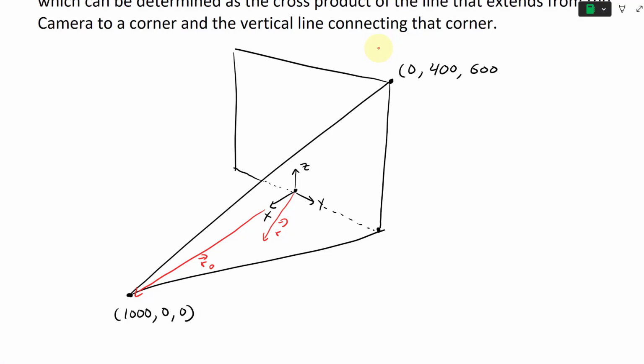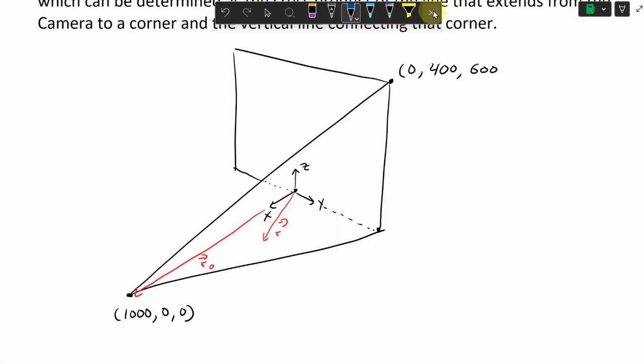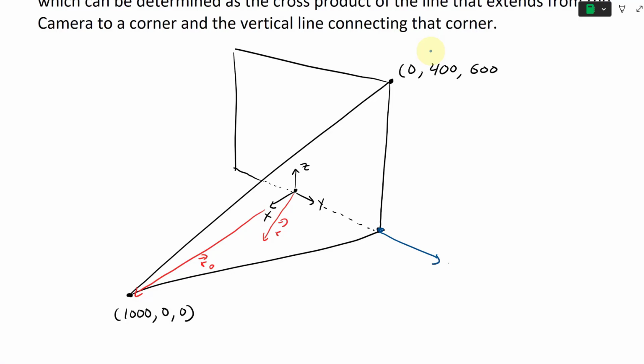Now I'll write this in blue. Let's change the color to dark blue. Alright, so we have that, and then the next step is we're going to need a normal vector. I'll draw this normal vector like this. It's going to be n, the normal vector to the plane, which is the same as the normal vector to these two lines, because they're on the plane.